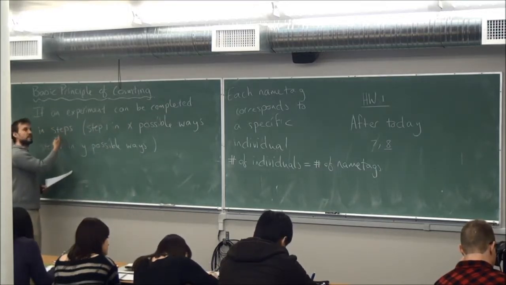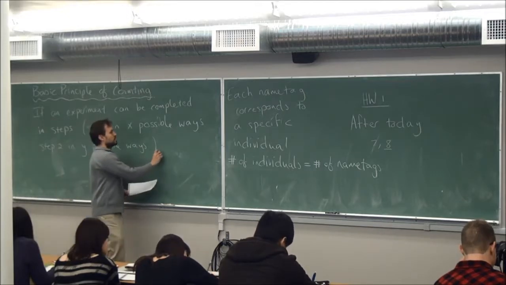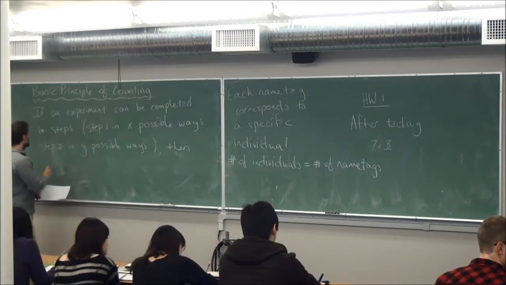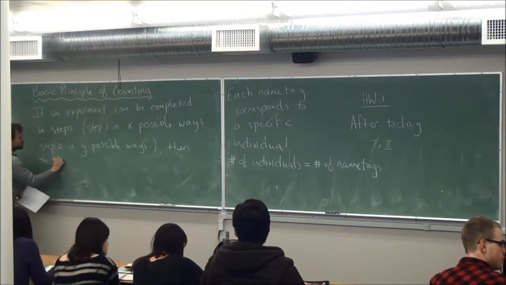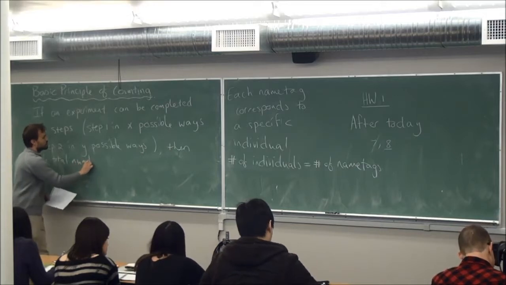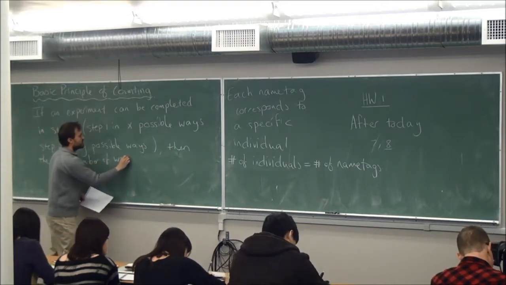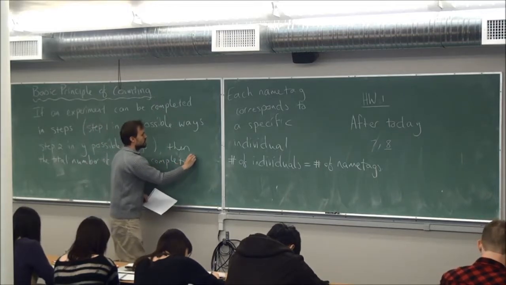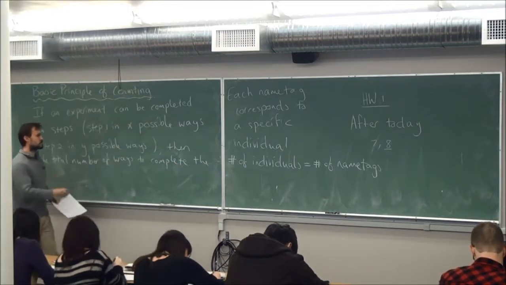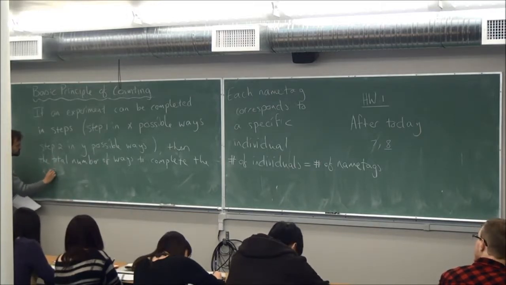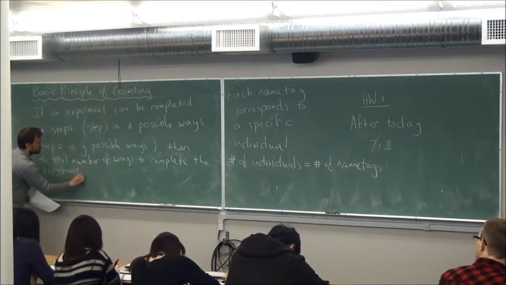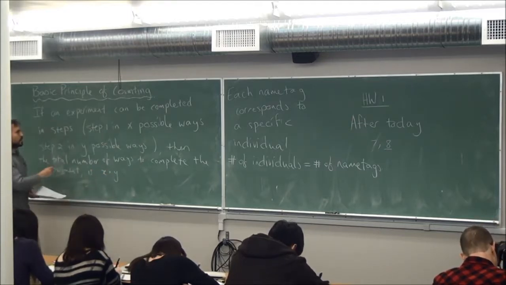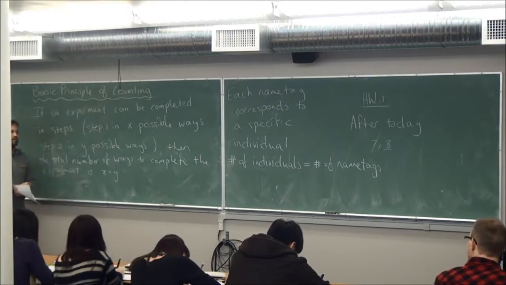So if I have an experiment that can be completed in steps, then the total number of ways to complete the experiment as a whole is X times Y. I multiply these 2 together.